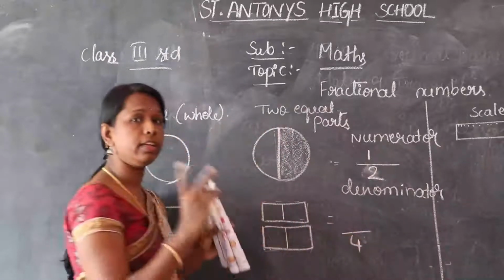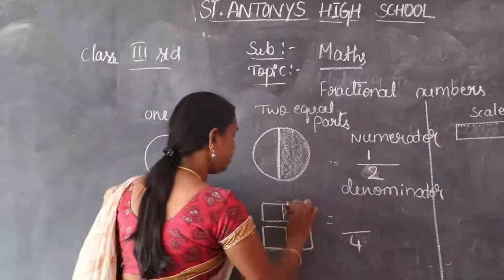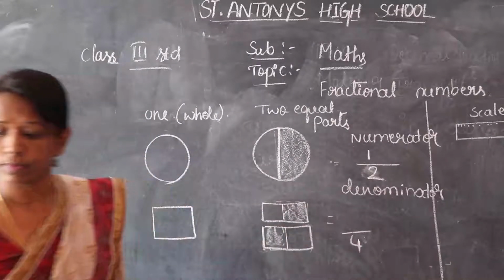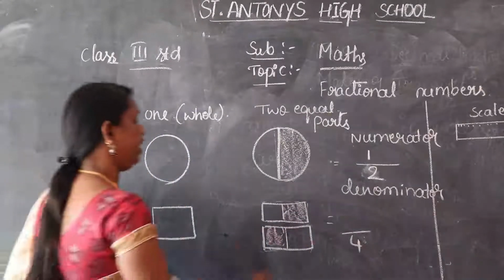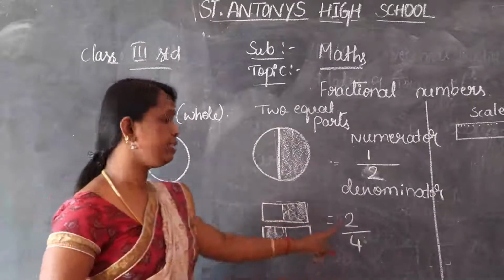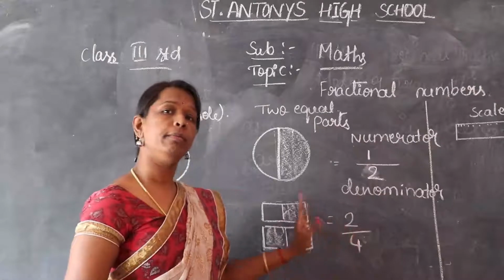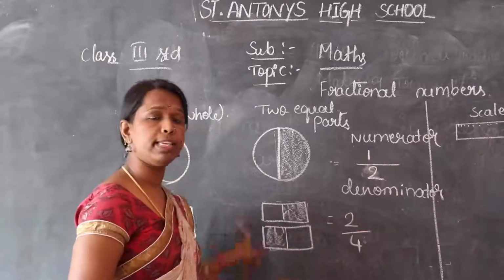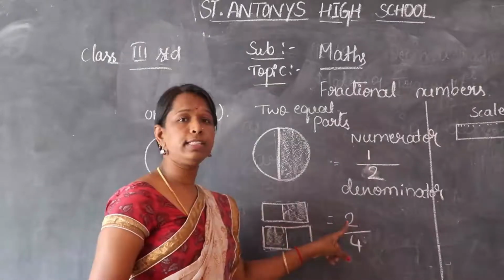Here I will shade two parts, 1, 2. The shaded part is 2. Again we can simplify 2 by 4, which is half. The total number of parts is 4, but the shaded part is 2.